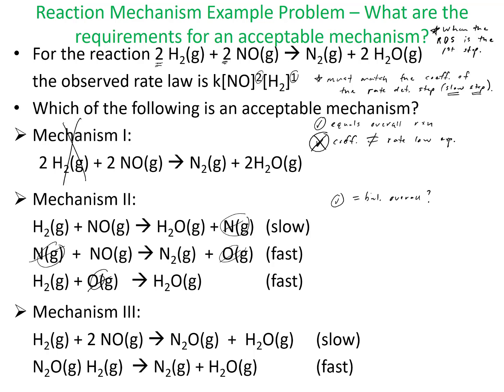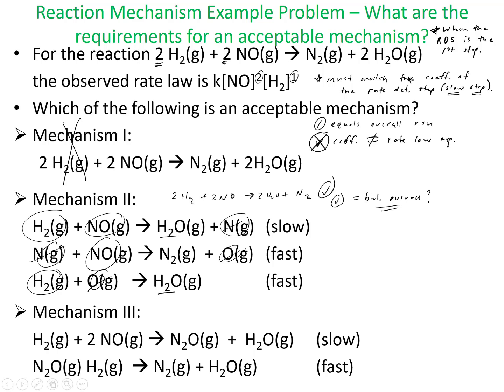And then we see that we have two H2s and two NOs, so I accounted for those with the coefficients I wrote. And then the H2O and H2O, so it makes two H2Os plus an N2. And this works. This does equal the balanced overall. It equals this reaction right here.